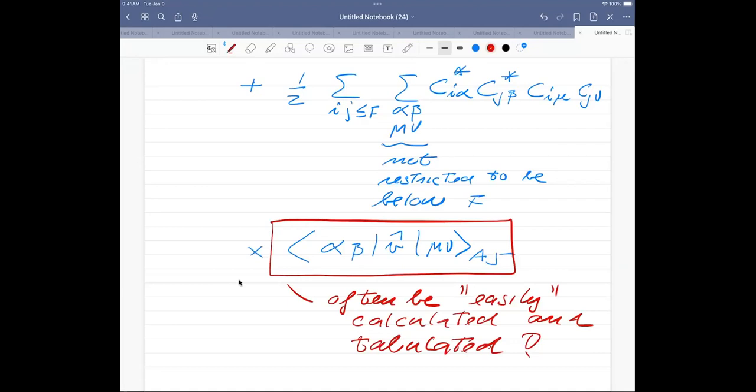But the idea then is that if you can handle a large single particle basis, you will typically pre-calculate these matrix elements and then store them. And then when you run your Hartree-Fock calculation, you would simply look them up with the indices alpha and beta and gamma and mu. So you will have a table which you just look up.